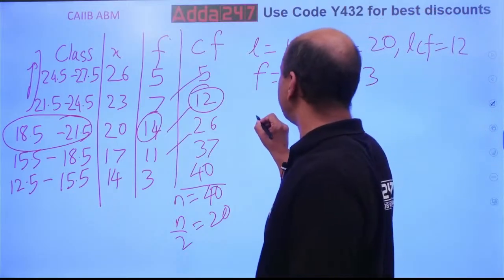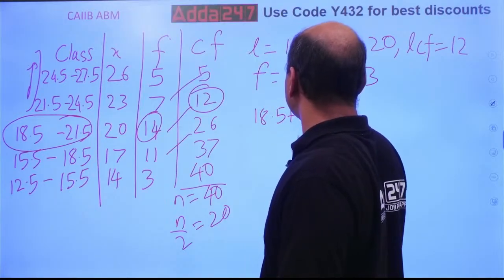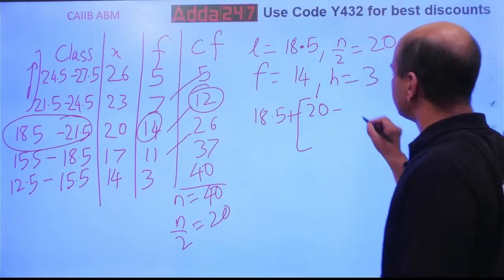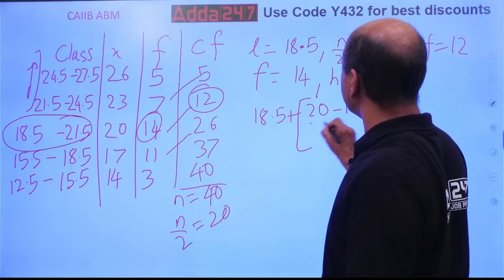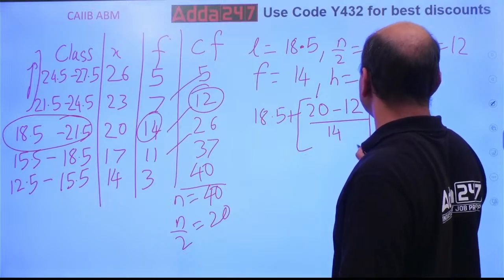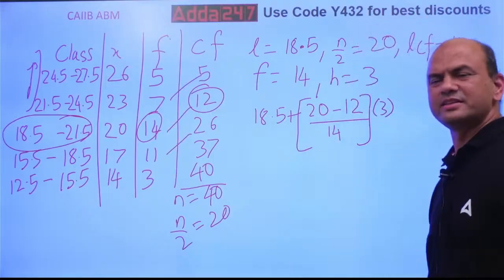So 18.5 plus N upon 2, 20, minus LCF, 12, the whole upon F, 14, into H, 3. Solve this now. It's very easy.